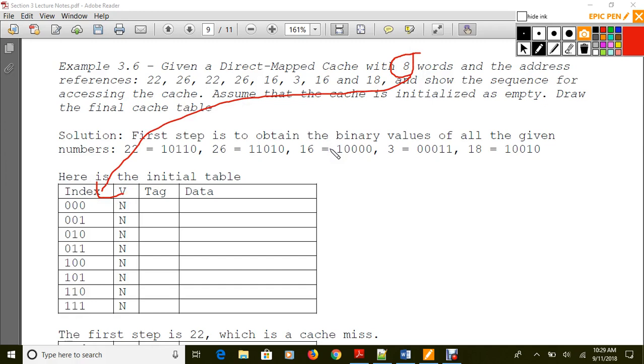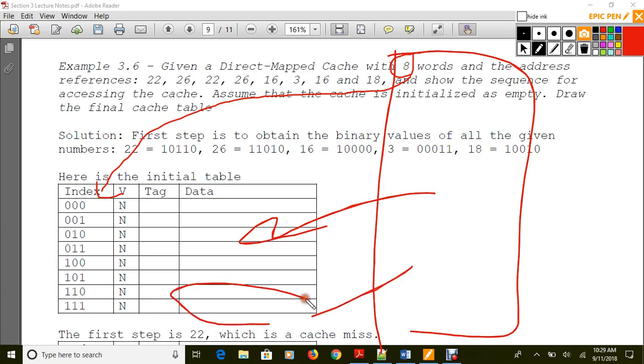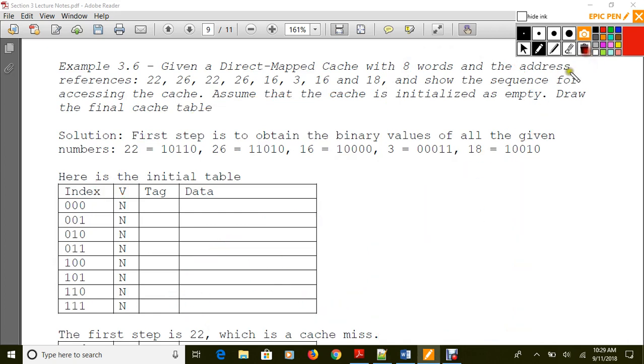So you have 8 words. I can have no more than 8. I have 32 in main memory. I can have no more than 8 that are swapped in and out at any given moment. The example questions you'll have in practice are going to be a little bigger, so you have a few more numbers to translate than you will on the exam.